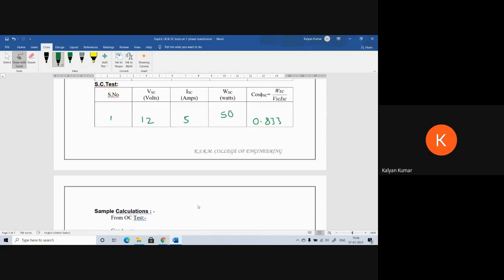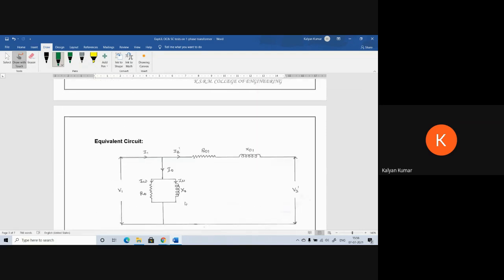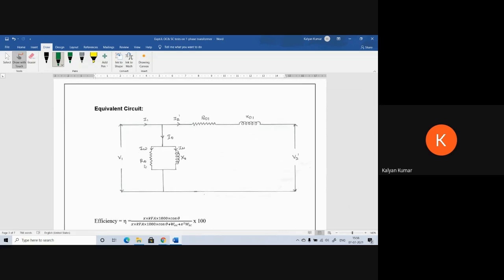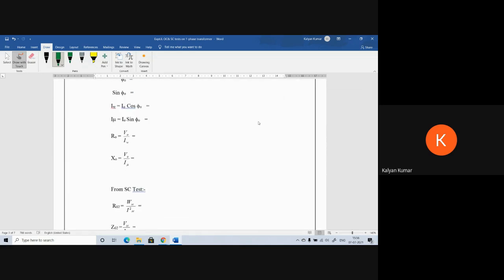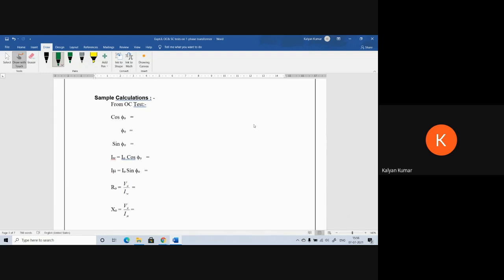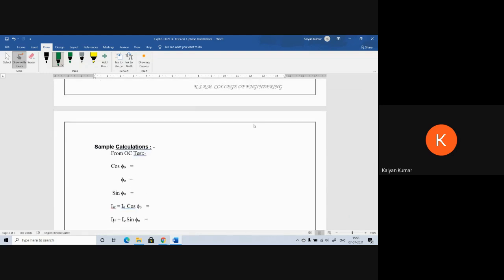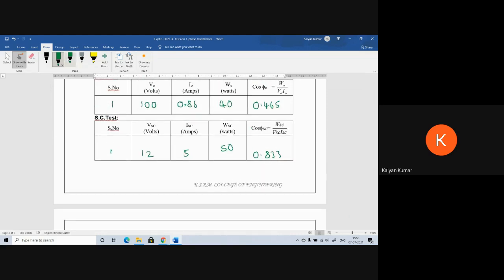Now, coming to the OC test and SC test data, from these two test data, we can get the equivalent circuit parameters R0, X0, R01, X01. Now, let's see how to calculate these parameters. From the OC test, we can calculate the R0 and X0 values. For calculating R0 and X0, let's take the OC test data.